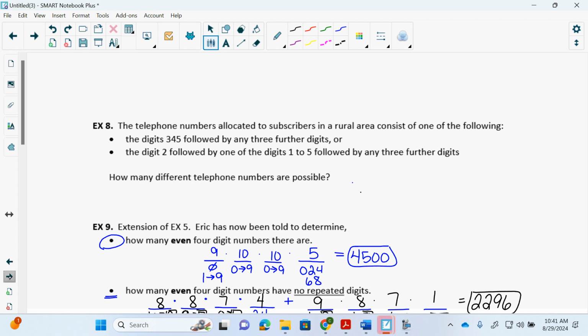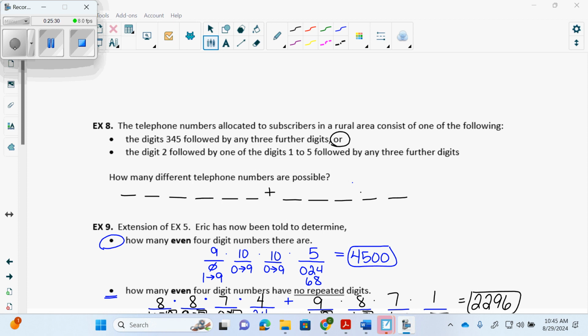So we have 3, 4, 5, followed by 3 further digits. What do I do when it says or? Add. Digit 2, followed by digits 1 to 5, followed by 3 further digits. Okay? Try it out. We have the option 3, 4, 5, which is one option, one option, one option.